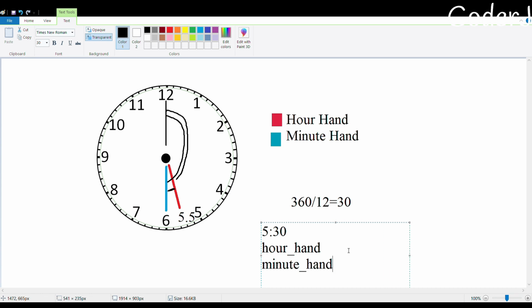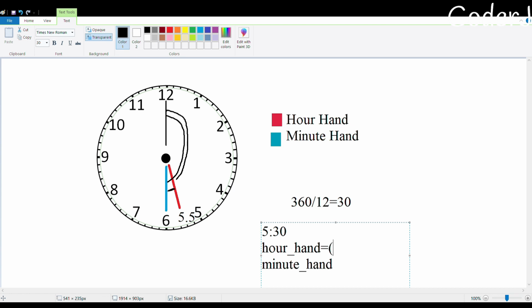How do I calculate where my hour hand will be pointing? My hour hand will depend on my minute hand also, right? What is the total amount of time? Because that is really important, since the hour hand depends on the total amount of minutes that you have. So how do you calculate where your hour hand will point? It's very simple.